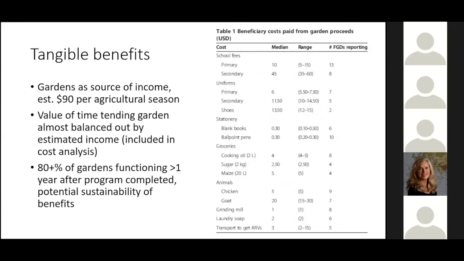And there was some suggestion of sustainability of benefits, since more than 80% of the gardens were still functioning more than 1 year after the program ended. And the table on the right there is just a summary of some of the costs that beneficiaries paid with proceeds from vegetable sales.